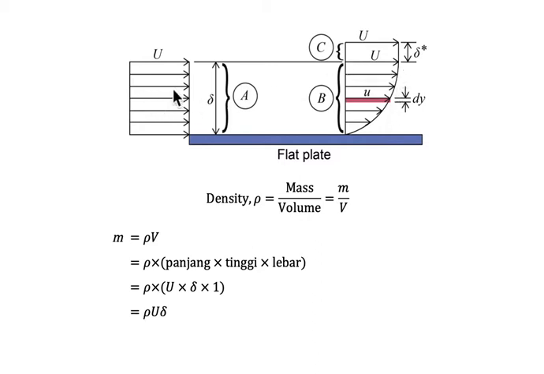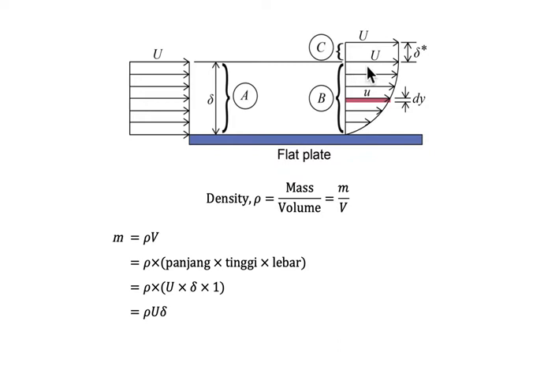So the mass at the inlet must be equal to the mass at the outlet here. Because the area here is not the same, we could say that the conservation of mass is not fulfilled yet. What we need to do is to balance the mass here, we need to add an extra area here.